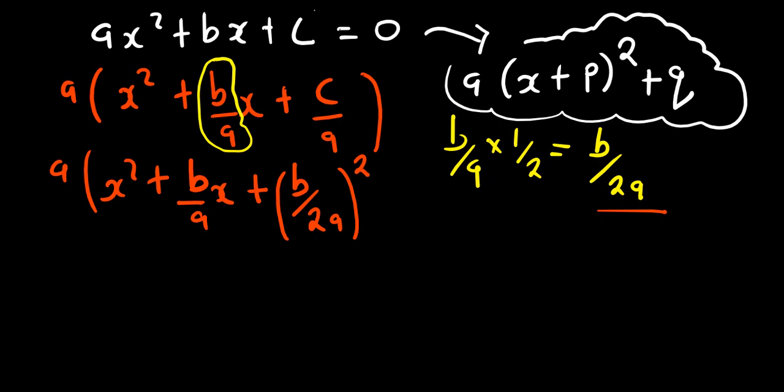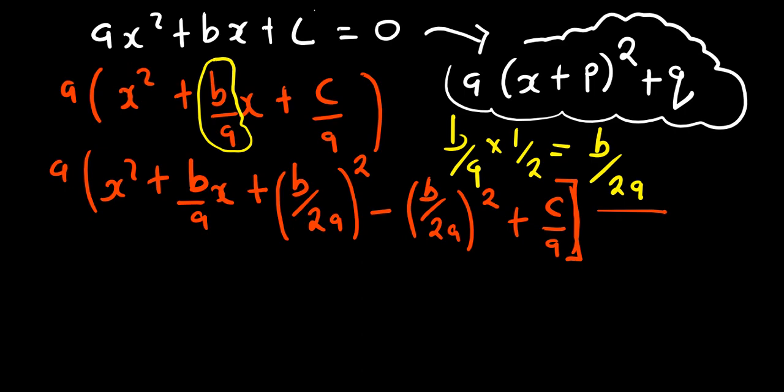You're going to do minus again the same expression, b over 2a, also squared, plus c over a, like that. Let me put this in a big bracket. We've done this twice because we wanted to take you back to your original expression, like we earlier said.